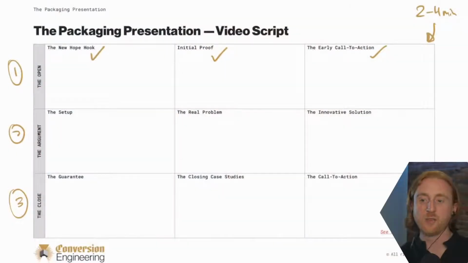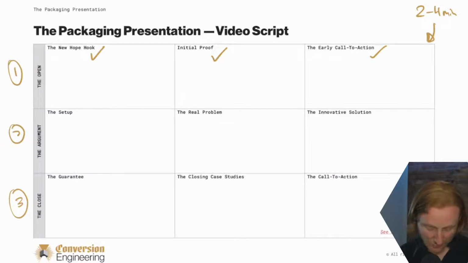Now we can take the pressure off. And in the next 10 minutes or so, we can articulate the core essence of our solution, our program, the problem we're solving, how we've solved the problem, and the essence of our solution. And then we can get into the offer at the end there in the close, right?